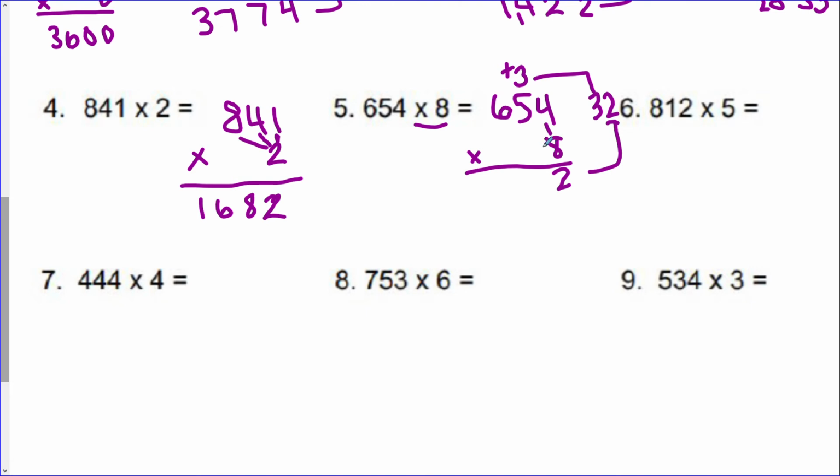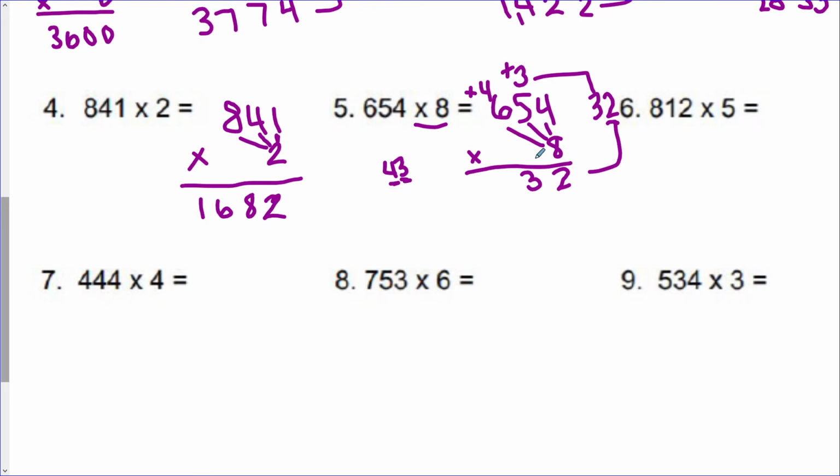All right. 8 times 5 is 40, plus 3 more. So it's 40, 41, 42, 43. Take a look at this number. So the 3 goes down at the bottom. The 4 goes up to the top when I regroup. Remember, I add the regrouping.